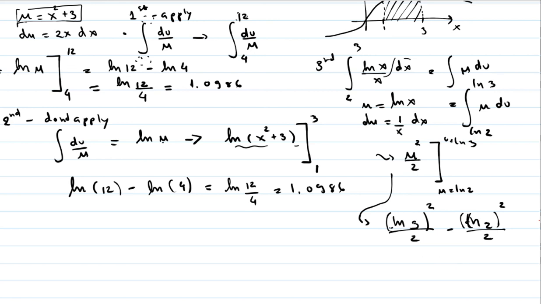Fine. Now we can take 1 by 2 as common, and then we're going to have here natural log of 3 squared minus natural log of 2 squared, and then this is going to give us 0.363. So we can solve this using x, which you can do by yourself. You're going to have the same result.